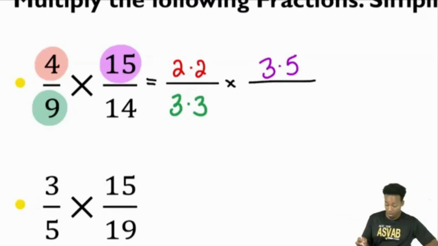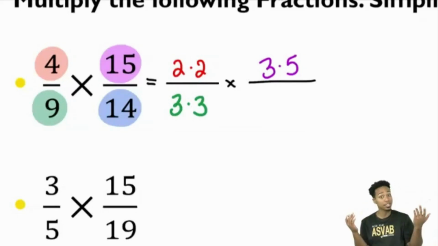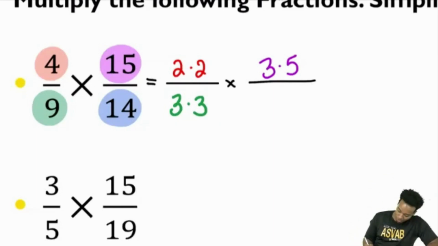And then from there, we'll go ahead and take a look at the 14. Everybody, does 14 contain a 2, a 3, or a 5? Because again, if it's on the top and the bottom, we can cancel it out. That's the idea. So a 14, everybody, that's definitely going to be 2 times 7.